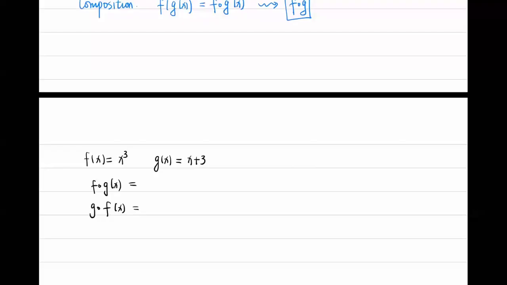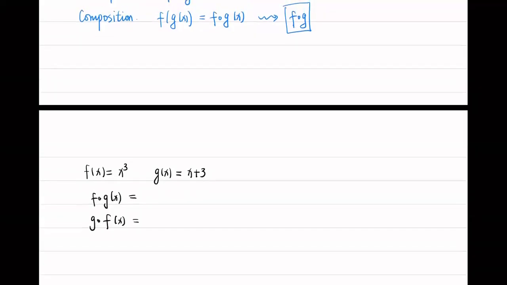Okay, tell me what your answers are. Sophia, how do you find these compositions? You plug in x plus 3 into x, so you replace it with x, so it becomes x plus 3 cubed.